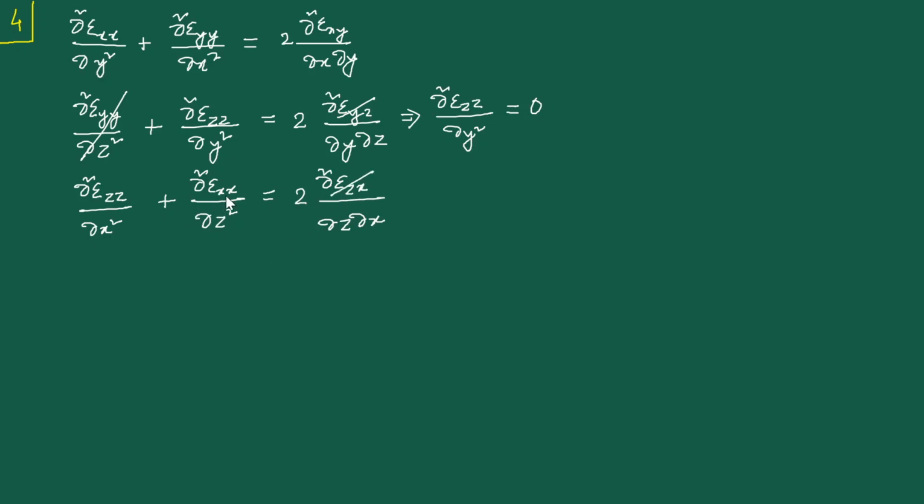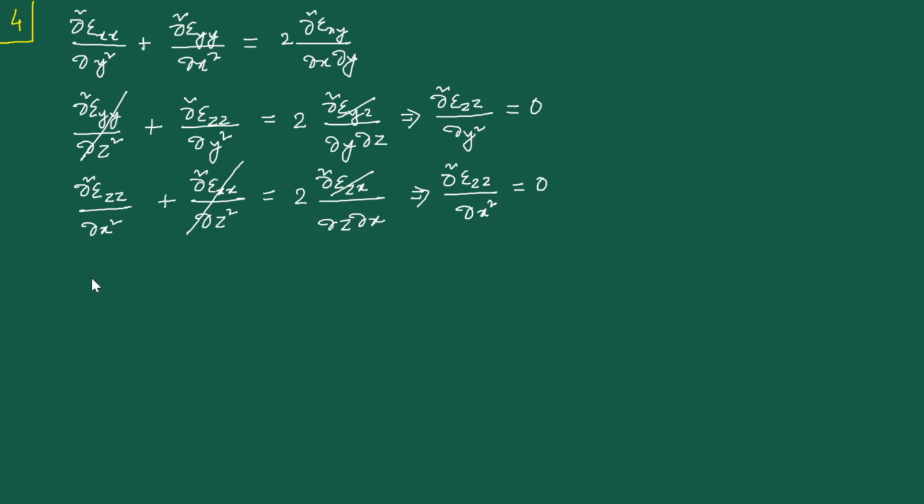We also know that epsilon xx, just like in the previous case of epsilon yy, is a pure function of x and y. It has no z dependence, therefore this term vanishes. So overall what we have here is that del square epsilon zz del x square is equal to 0.